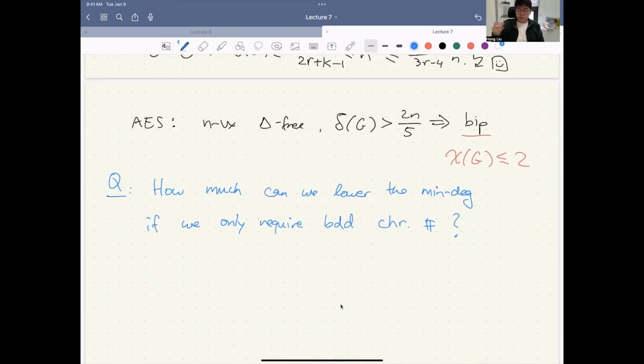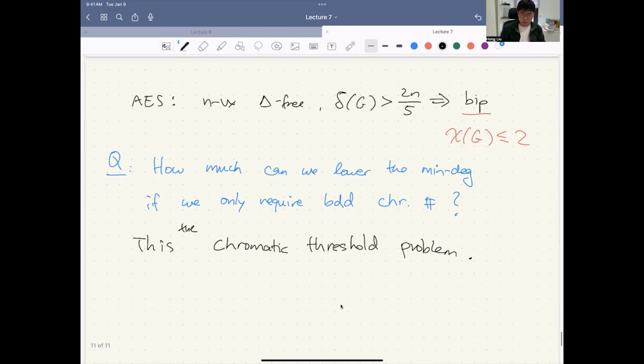Well, the answer is n over 3, but we're not going to talk about it here for now. This is the problem called chromatic threshold. Later, we're going to talk about it, not for now.